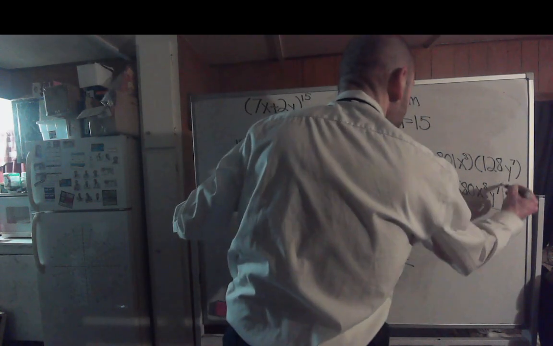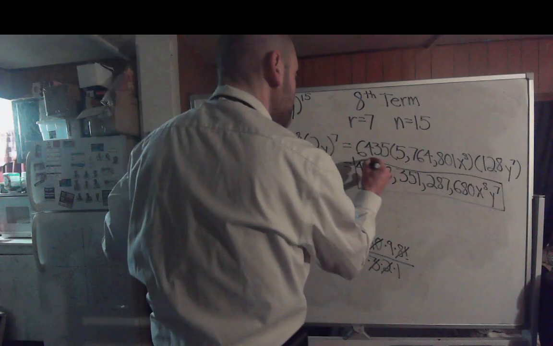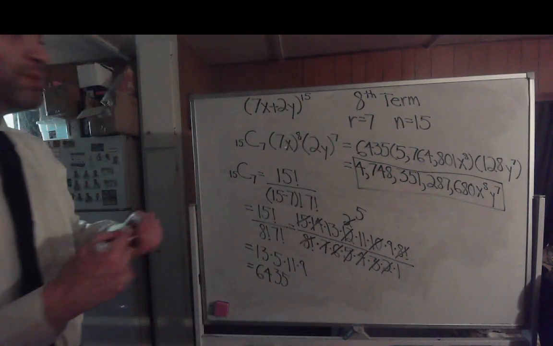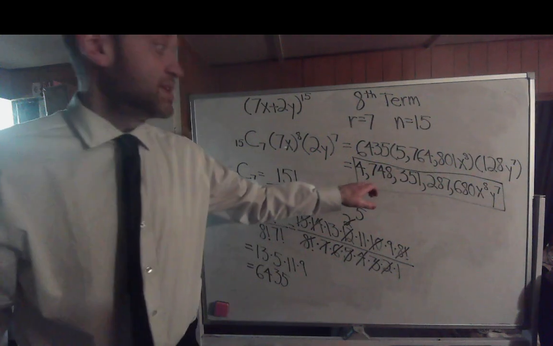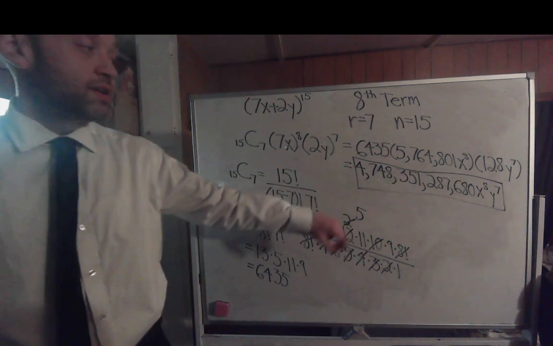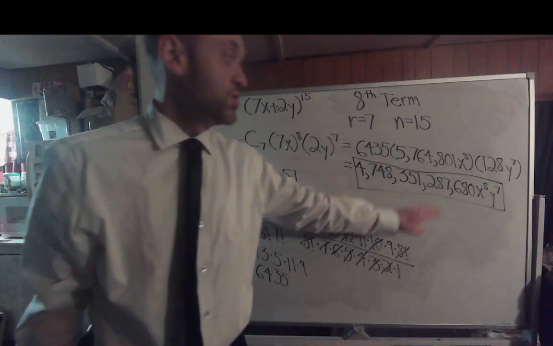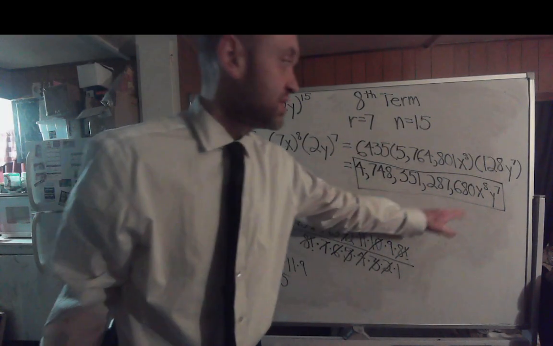So there is the 8th term of this binomial: 4,748,351,287,680 x to the 8th y to the 7th.